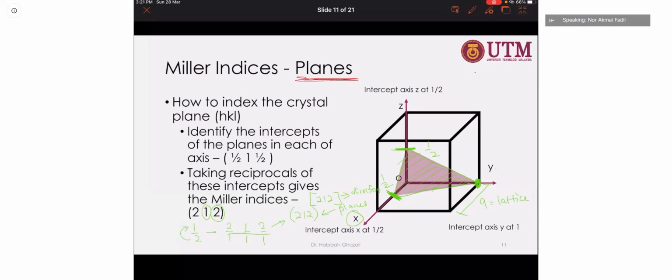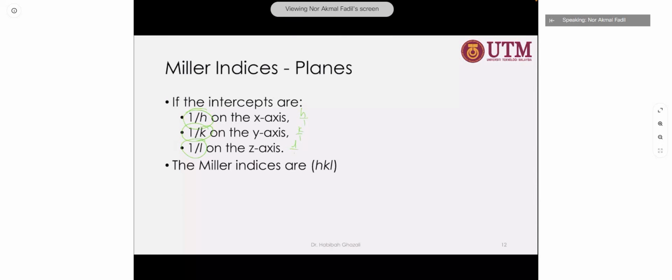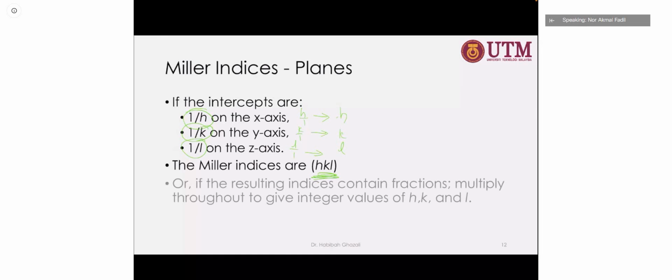Okay, let's say you get, for example, this. Also you need to have the integer value. For example, if this one is 2 over 3, this one half, and this one is 1 over 3. After you do the reciprocal, of course you got 3 over 2, 2 over 1, and 3 over 1. So you have to multiply by 2, multiply by 2, multiply by 2, because you want to eliminate the fraction.